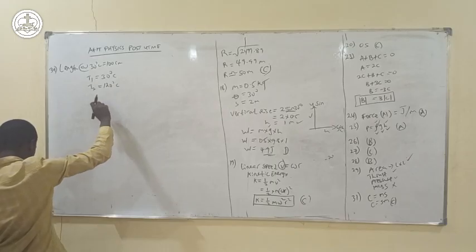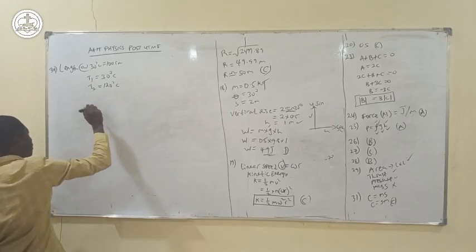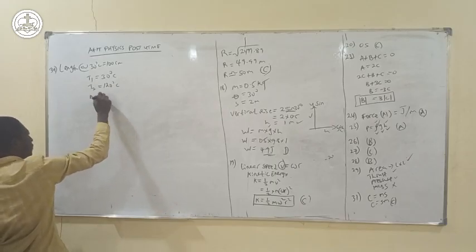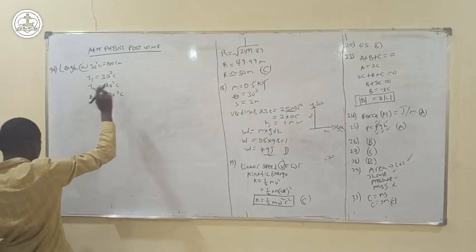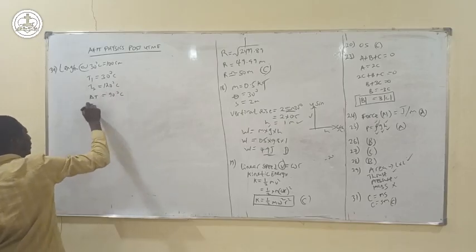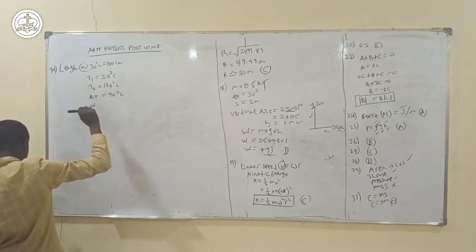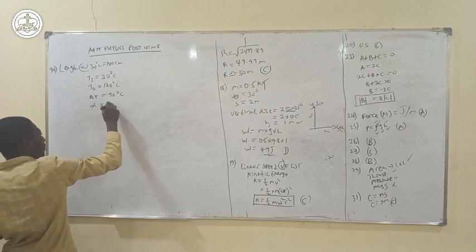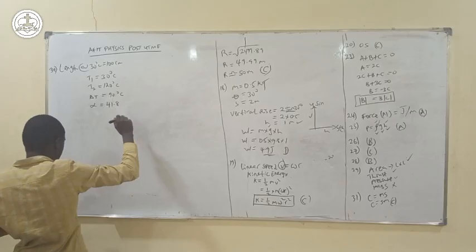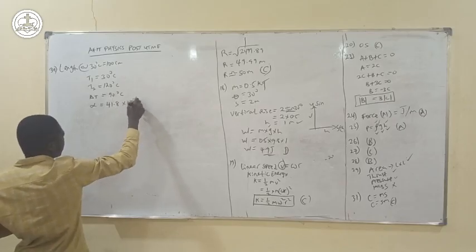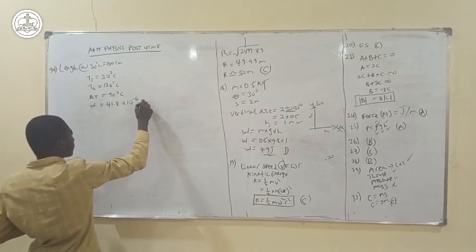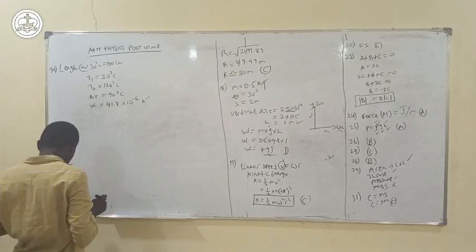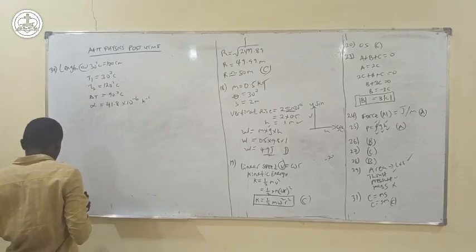So change in T is equal to 90 degrees, and you take the linear expansivity to be equal to 41.8 times 10 raised to power minus 6 per Kelvin.